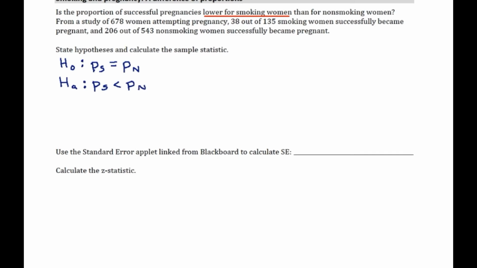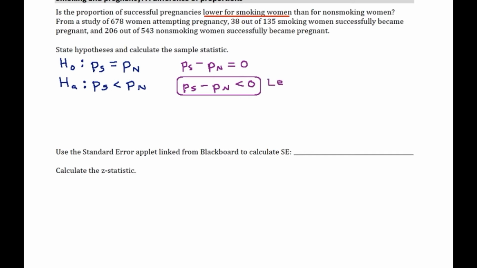And we could write each of these hypotheses as a difference of proportions also. PS minus PN equals 0. PS minus PN is less than 0. It can be important to write the alternative hypothesis this way so that we can tell whether we have a left tail or a right tail test, provided that we stay consistent in the order of our subtraction when we calculate our sample statistic.